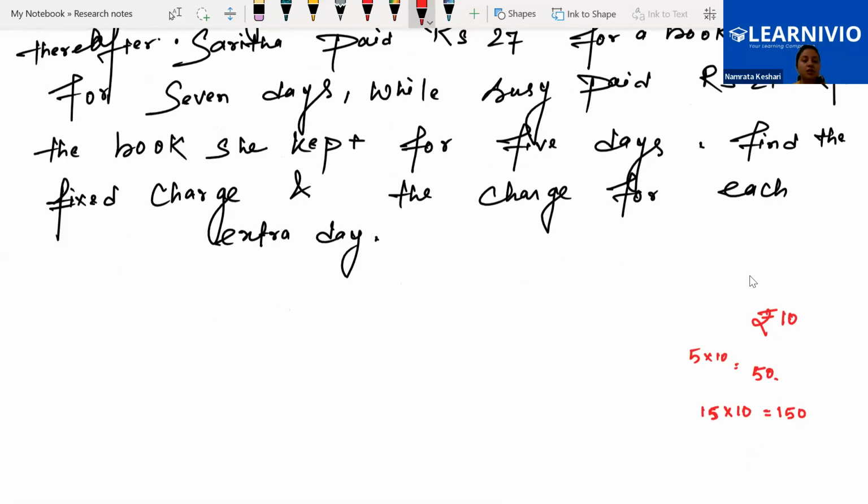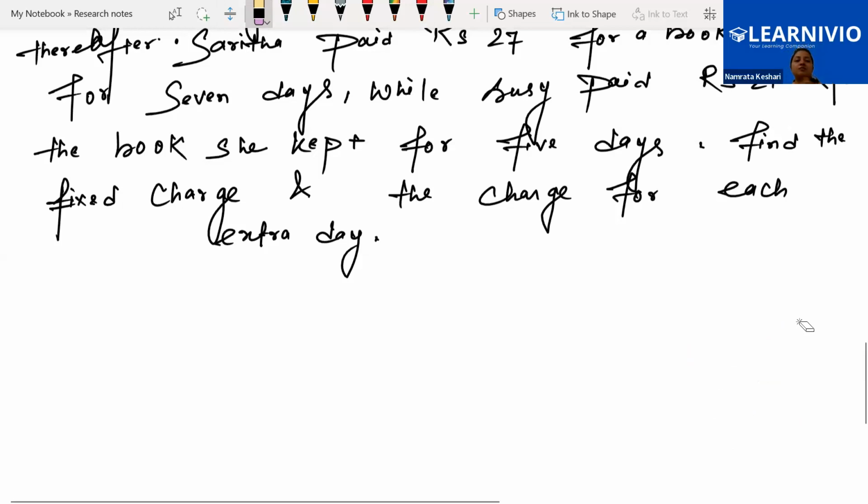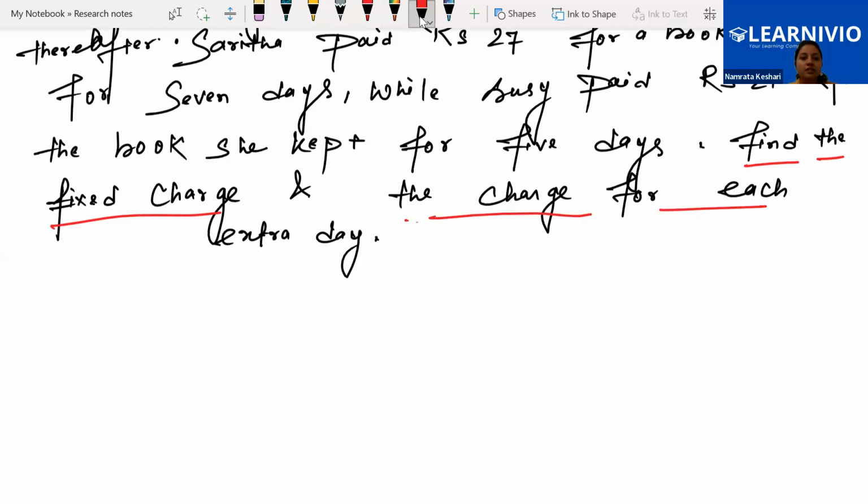In any question, when you are solving a pair of linear equations and you are getting confused about what to assume, what to take as x, what to take as y, just read the last statement. Find the fixed charge and the charge for each extra day.